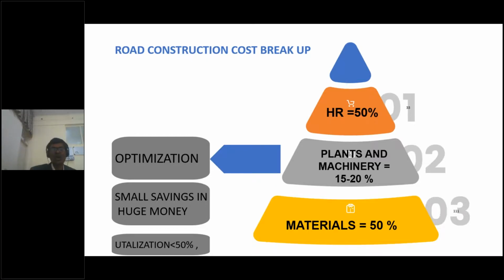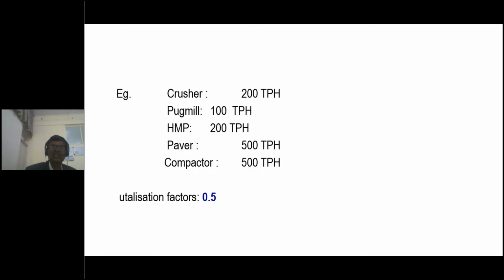All the equipment is worth crores, but optimization, whether it is a major NHAI project or a small PMGSY project, in spite of investing 15 to 20%, we are not at all utilizing them. In some of my studies, utilization is not even 50%. In fact, I got 30% for the majority of the equipment. We are wasting a lot of money on this important equipment.